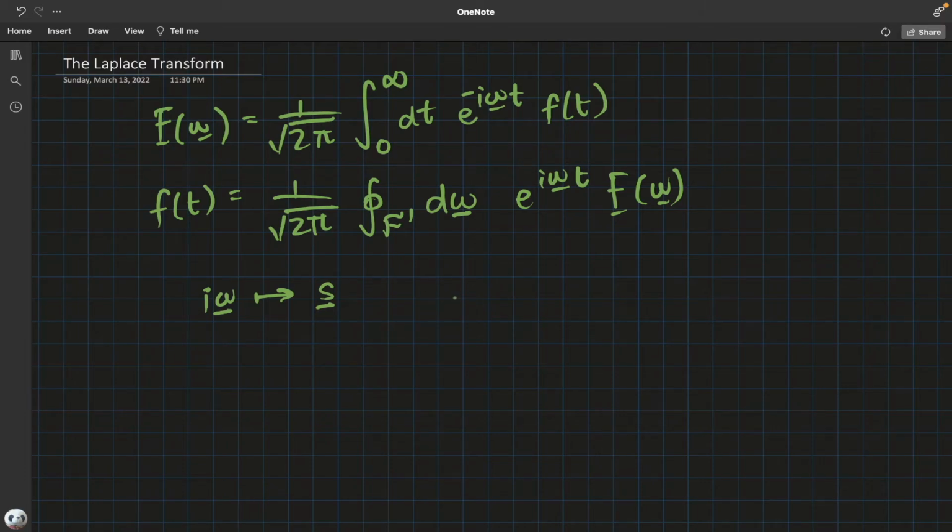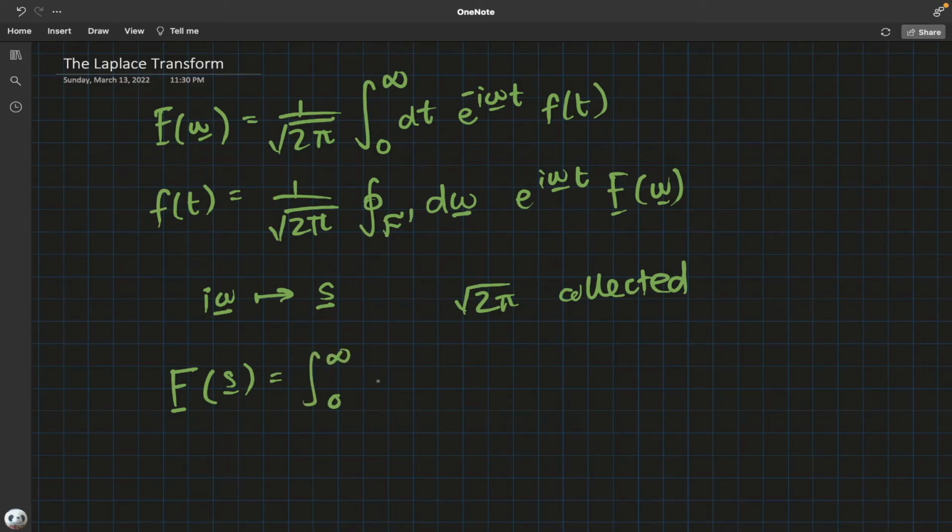And I'm going to collect all the square root 2 pi in the denominators. So now let's make it a function of s. So we have, say, capital F, which is complex, a function of complex s. We've collected these out and we're going to put them in the inverse. So we don't have them here.